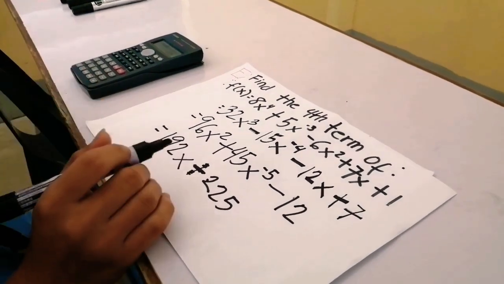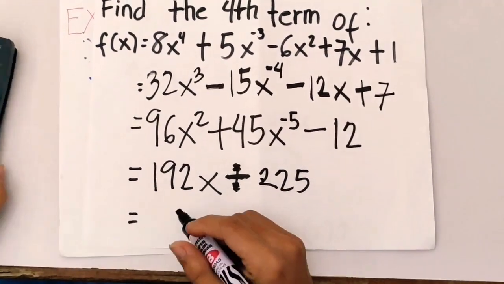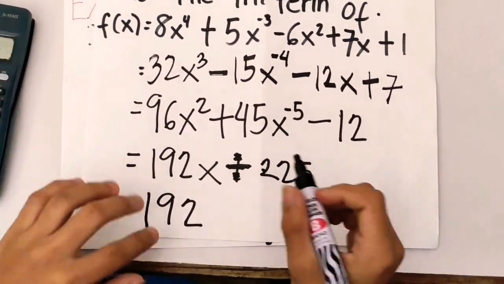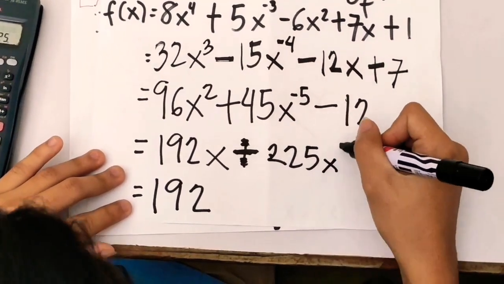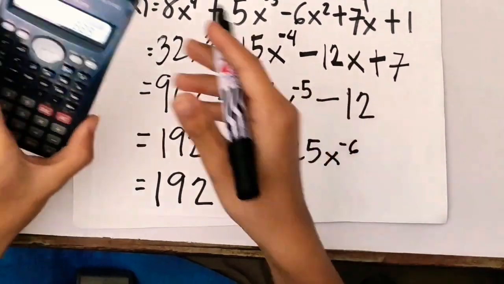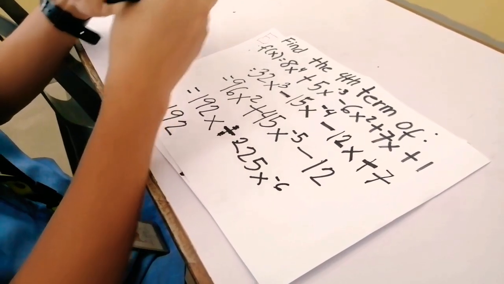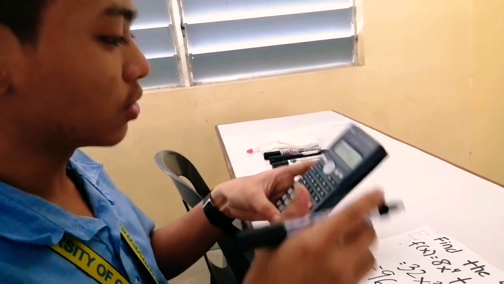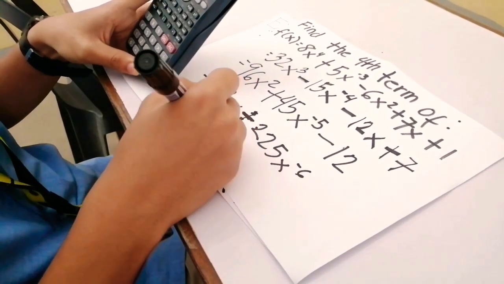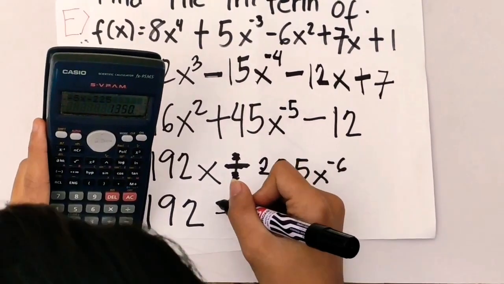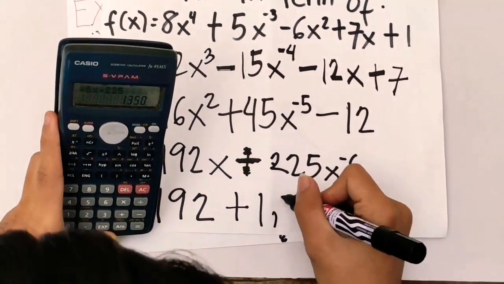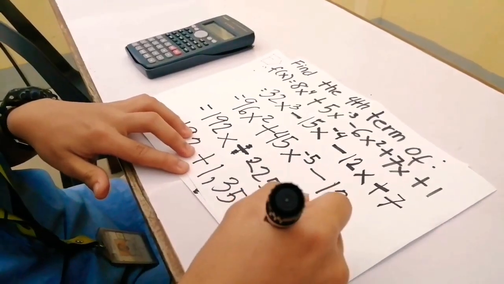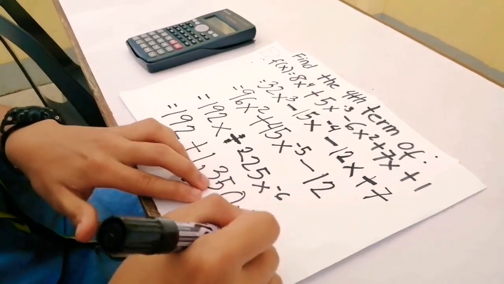And next we will find the fourth derivative. 192 times 1 is equal to 192, and negative 6 times negative 225 is equal to 1,350x to the power of negative 7. So this is our final answer.